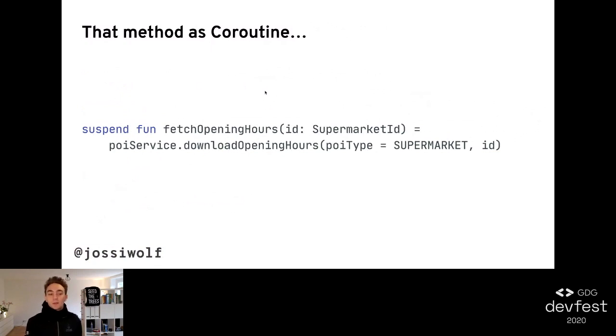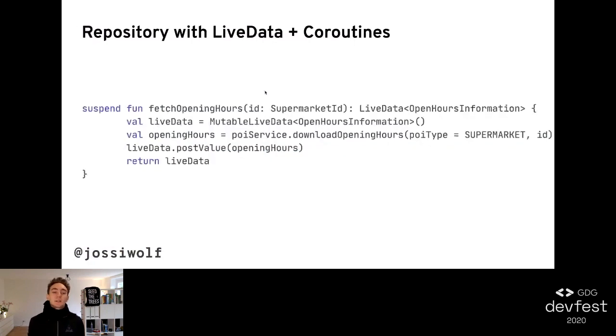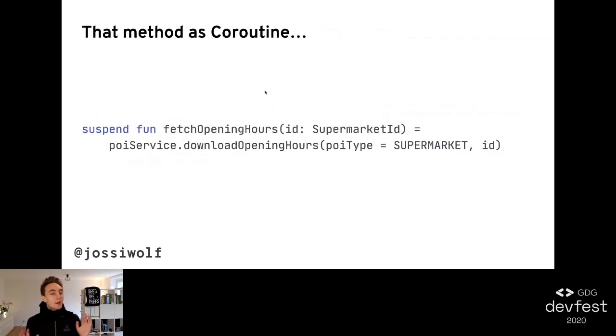The point is, for creating the LiveData, like creating the new MutableLiveData instance and then posting the value and returning that LiveData, that's a lot of code that we don't actually care about, right? Because that's very boilerplate. So we first extracted all the actual logic into our coroutine methods, into our suspend functions.